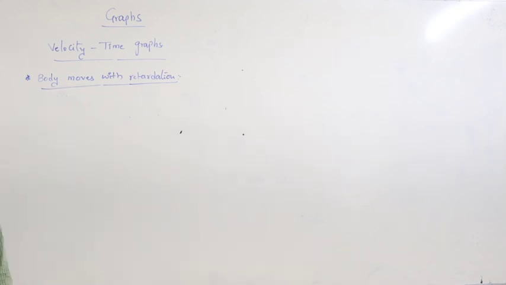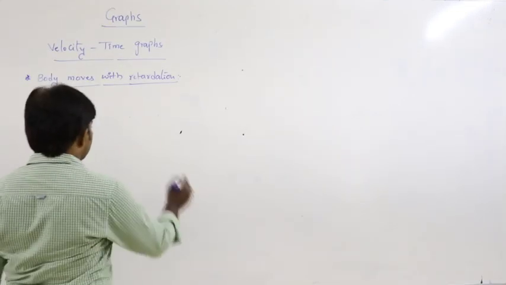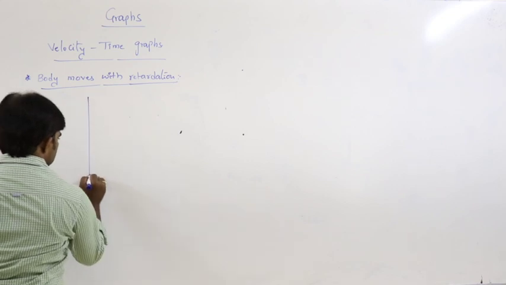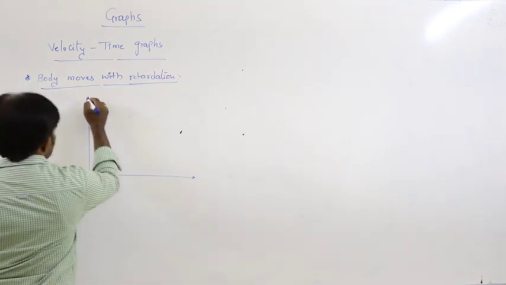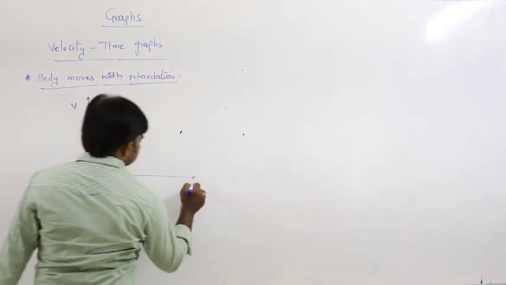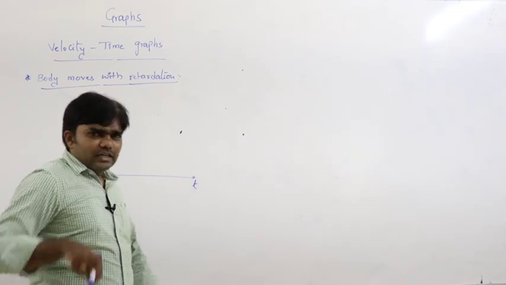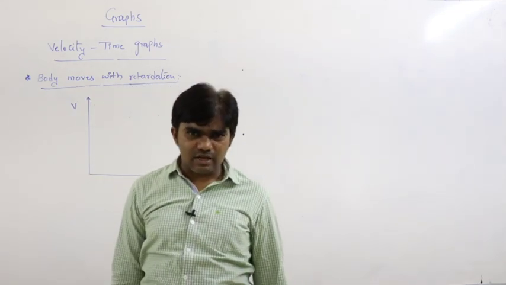So this is the velocity time graph. What is meant by retardation? The body moves with decreasing velocity.